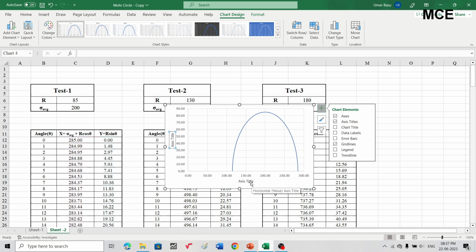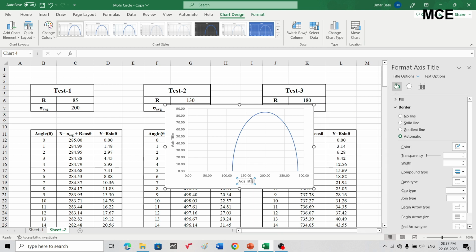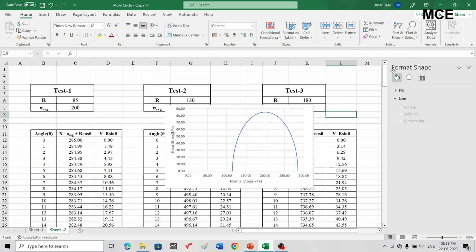For horizontal axis, you will write the normal stress in kilopascals, and for the vertical axis you will write the shear stress in kilopascal. So this gives us the Mohr circle for the first test.